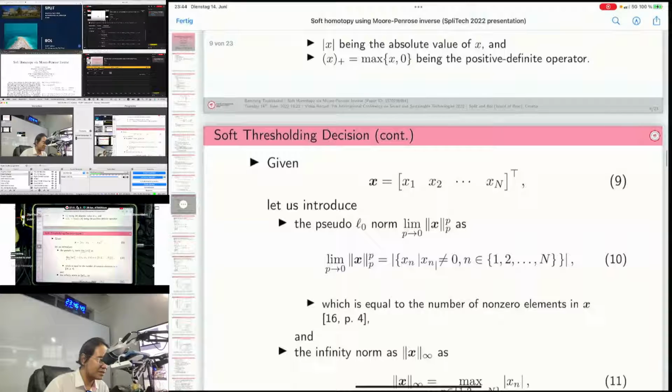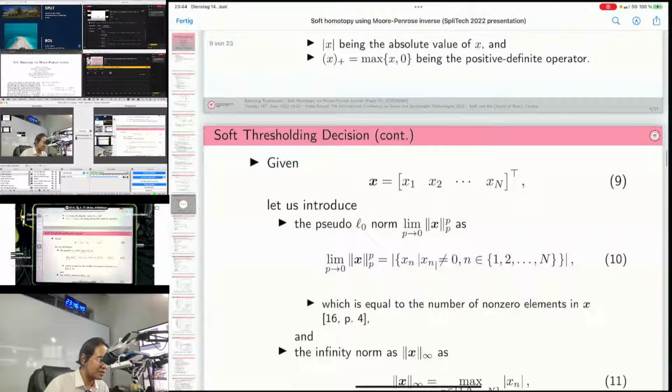The soft homotopy algorithm is the method that uses soft thresholding as described before. It takes x plus the gradient of the least squares criterion, and then applies the soft thresholding.